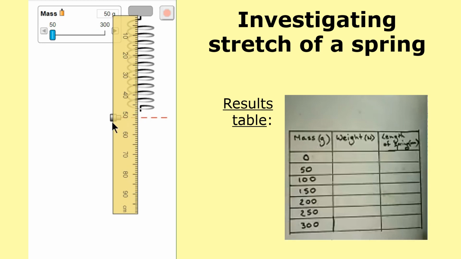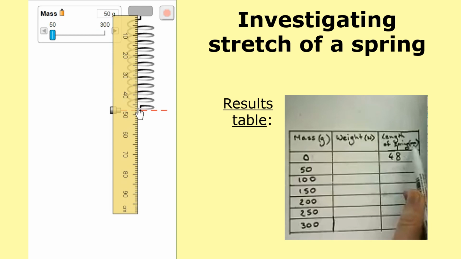If you look at the ruler, the initial length of the spring is, I would say, just about 48 millimeters there. Okay, so there's our first result. When there's no mass added, the initial length of the spring is 48 millimeters.